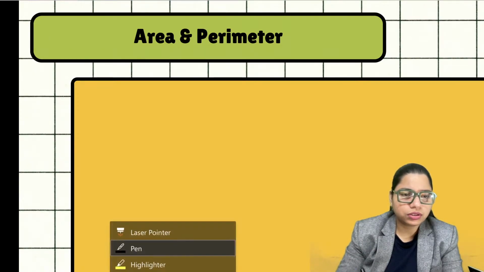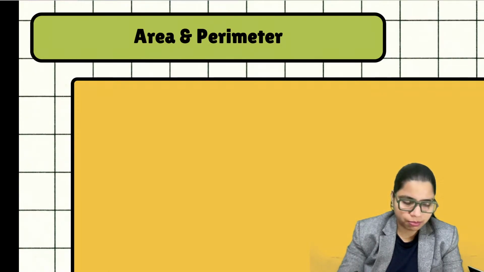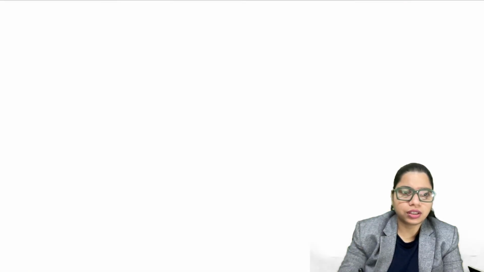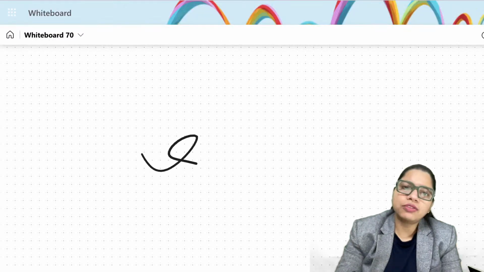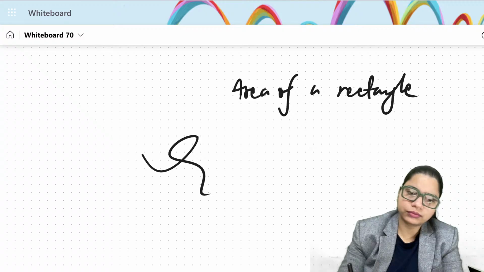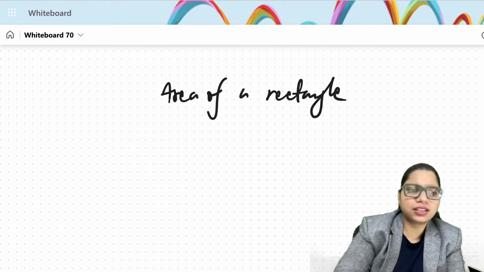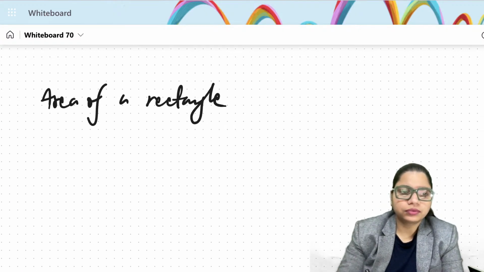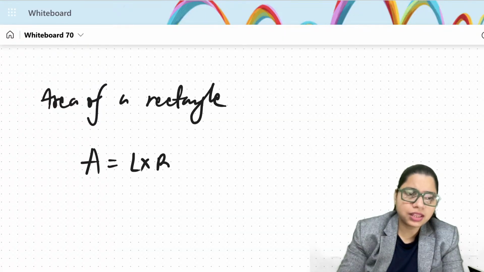Area of a rectangle is nothing but just the length times width, right? Area is length times breadth.